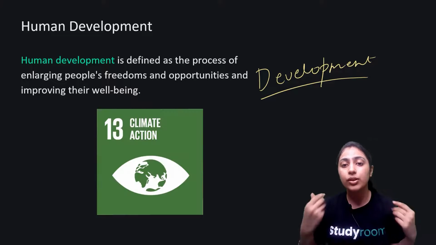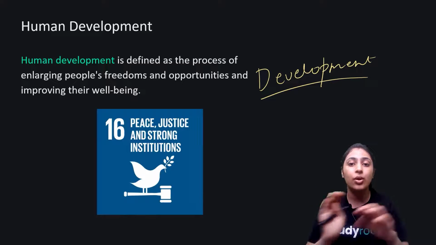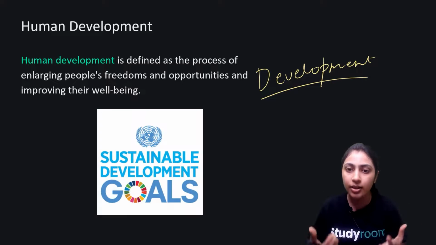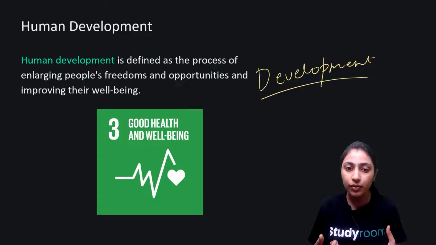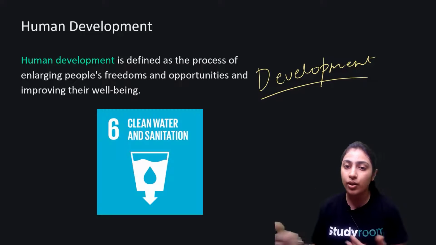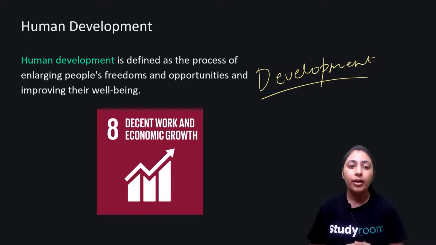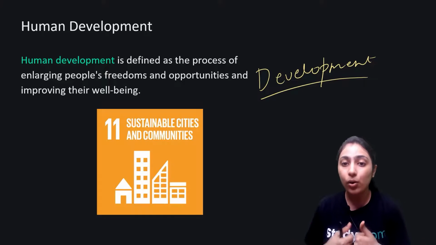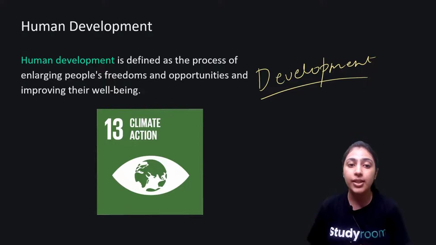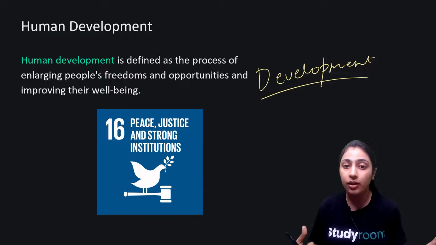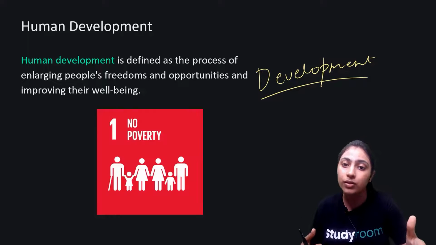Again I'll come to the same point: money is not everything. Yes, it is important for human survival, to get goods and do trading, but there are other things we also need to consider when we say, okay, this person is developed.